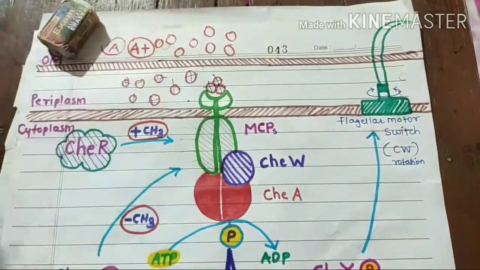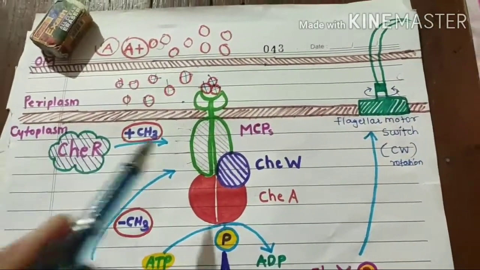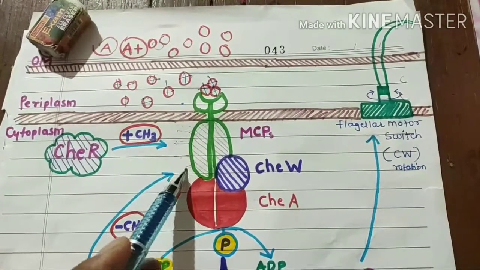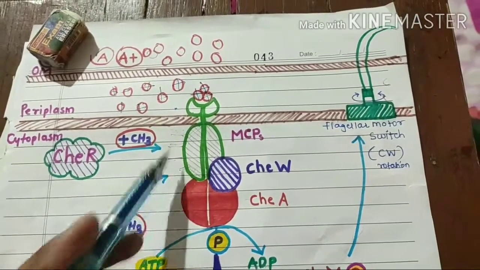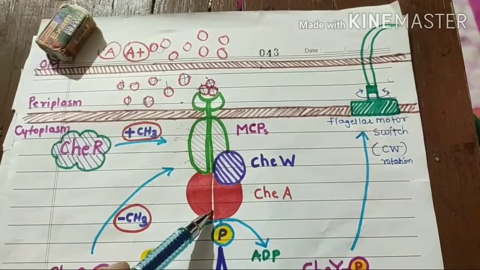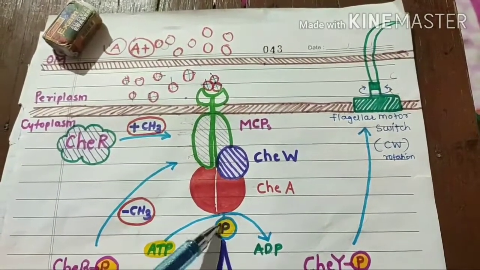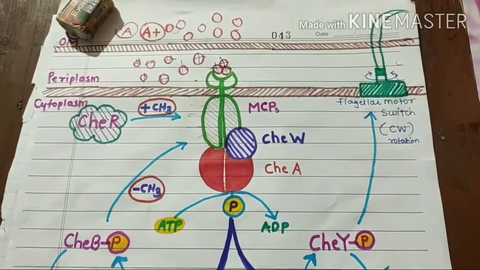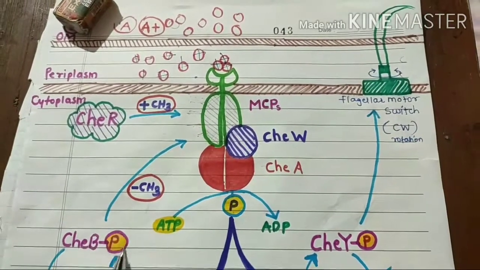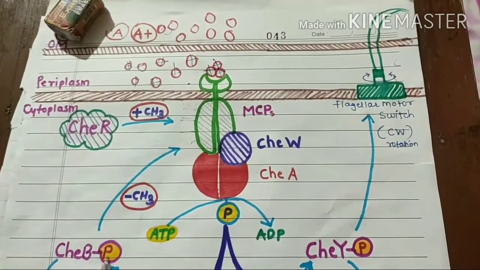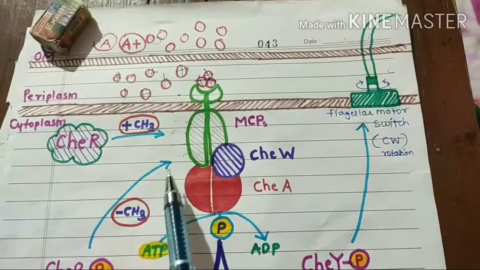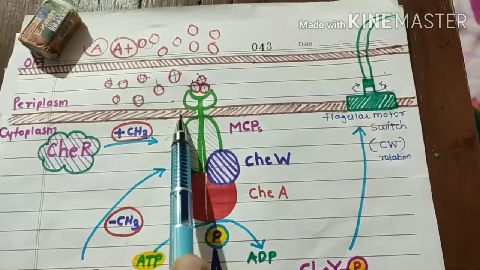So if it is not bound to attractant, what will happen, this is highly methylated, okay, and it is in active form, so it is making CheB-P. So this more and more CheB-P will do what, they will remove this methyl group, okay.